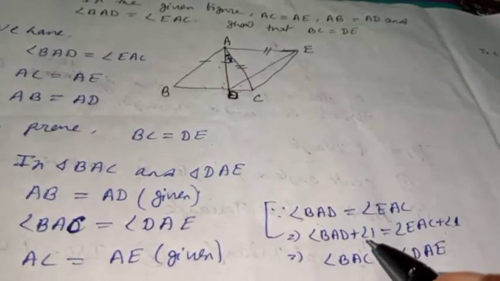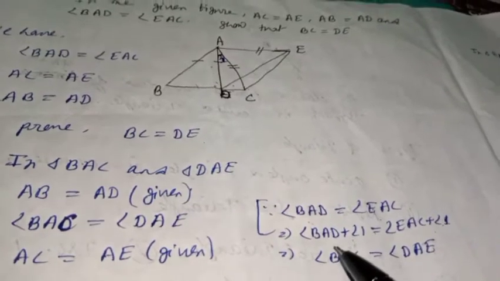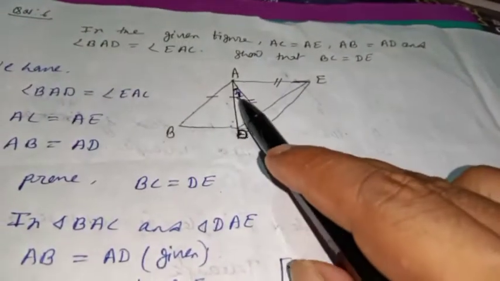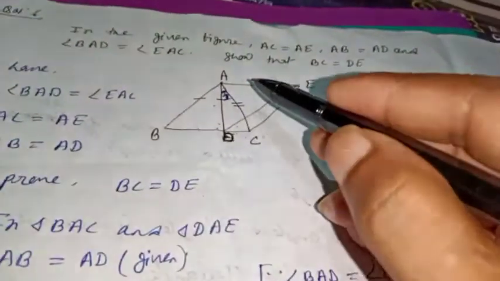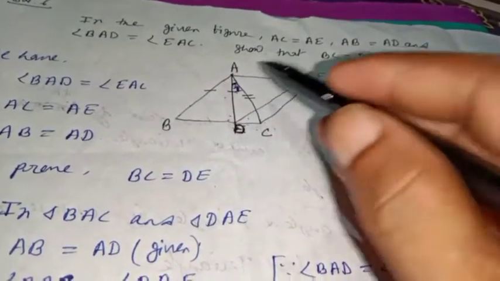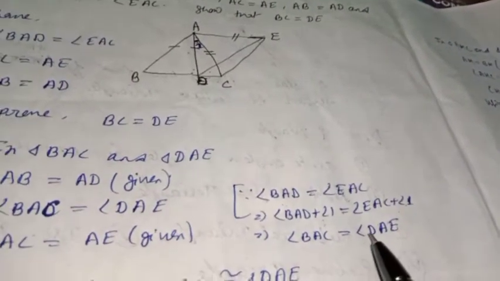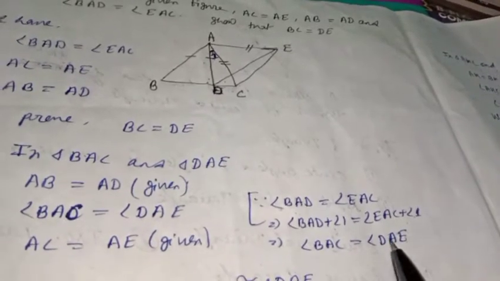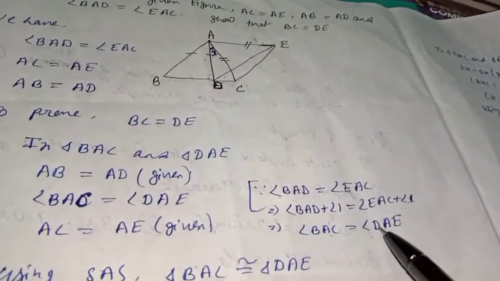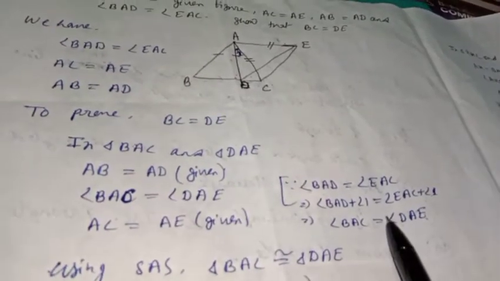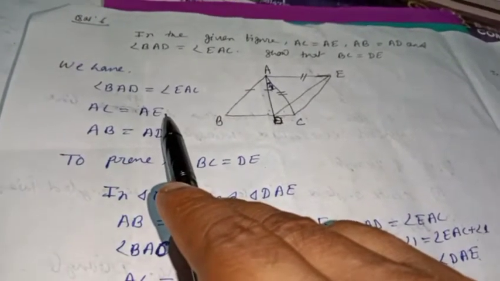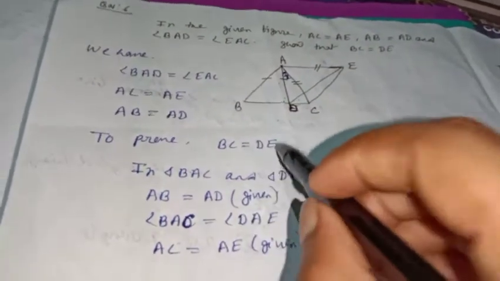So after adding angle 1 on both sides, angle BAD plus angle 1 becomes angle BAC, and similarly angle EAC plus angle 1 becomes angle DAE. So angle BAC is equal to angle DAE. We have proved it here. Also AC is equal to AE, it is given. So AC and AE are the corresponding sides.